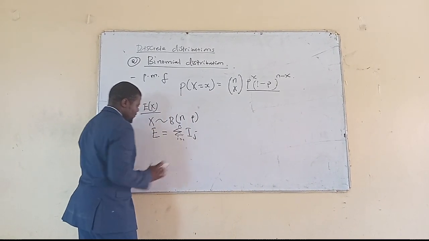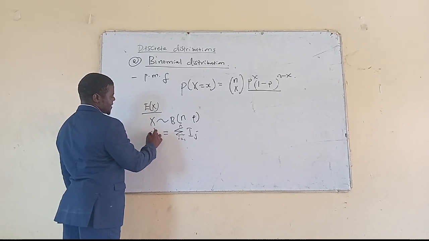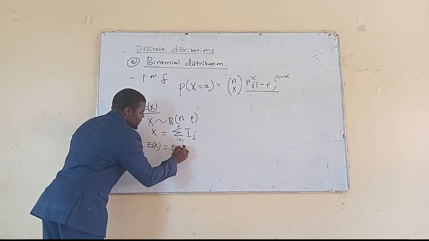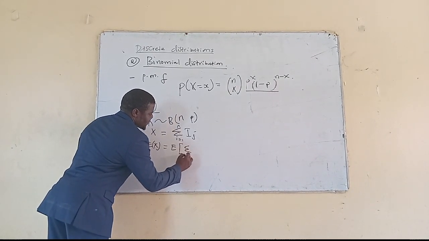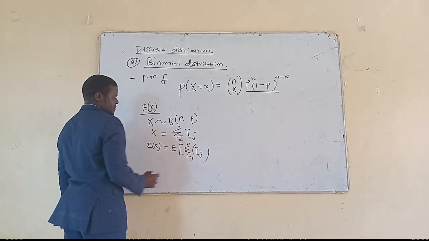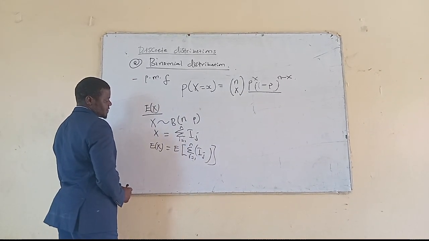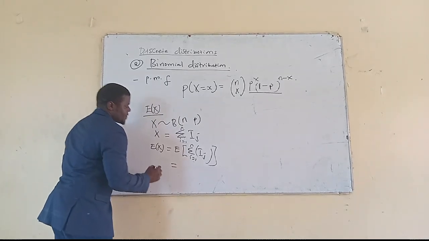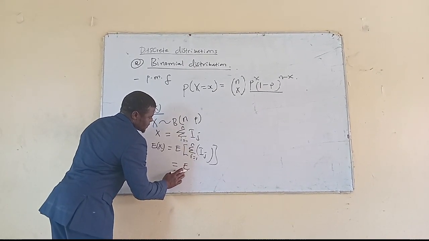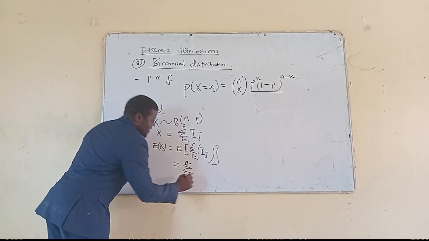So the expectation of x will be the expectation of the summation from i equal to 1 up to n of I_i.